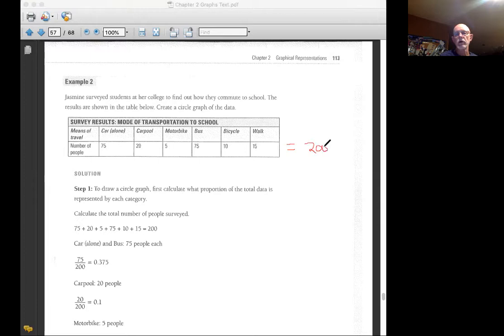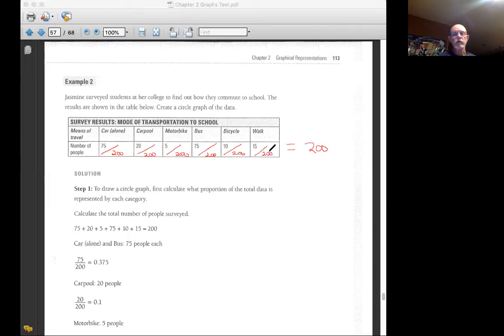Now, I don't know if you will always be able to do this, but if you wanted to generate the percentages right away, in this space here, for example, you divide each one of these by 200.